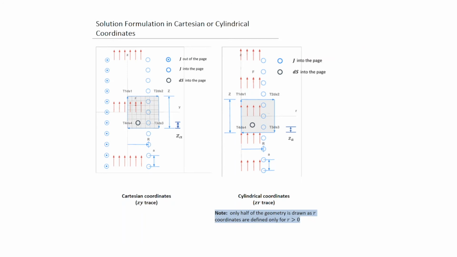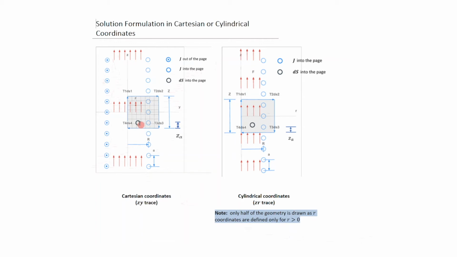All right, so now we're going to formulate the solution in Cartesian and cylindrical coordinates. In Cartesian coordinates, we have done a trace. This is the ZY plane. On this side we have the filaments poking out of the page, the currents coming at me, and here the current is going into the page. So that's J into the page, J out of the page.